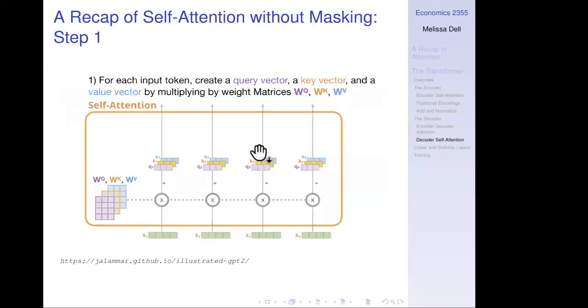So let's just recap self-attention without masking, where you can pay attention to anything, like it worked in the encoder. For each input token, we create a query vector, a key vector, and a value vector by multiplying by the WQ, WK, and WV matrices, which consist of estimated parameters.